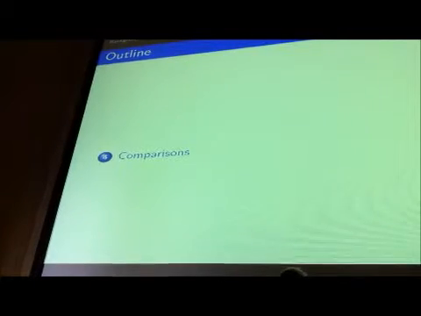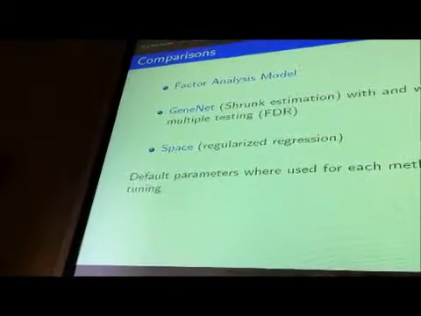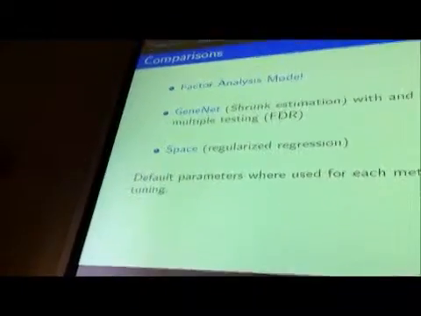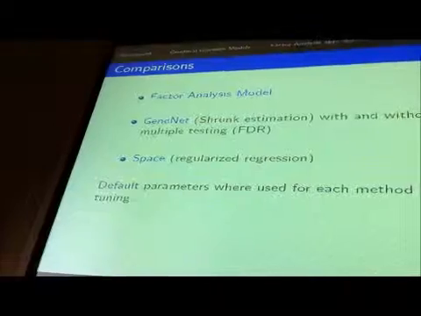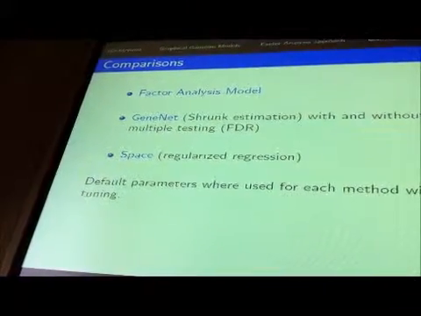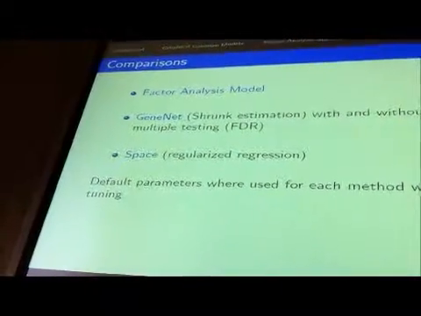So in order to evaluate the efficiency of our method, we compare it with the most used methods, GNet and Sparse. And for fair comparisons, we use the default parameters for each method without additional tuning.